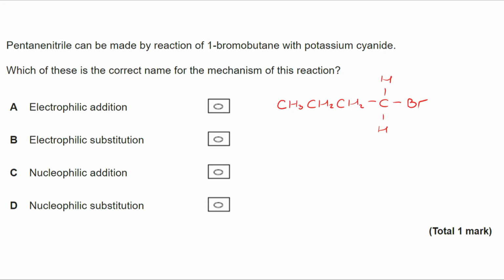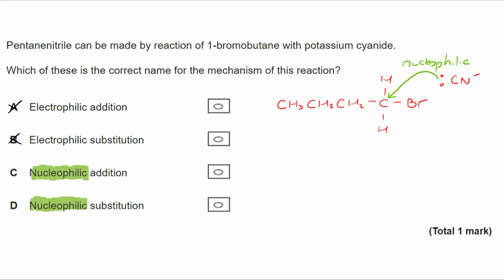This is what our 1-bromobutane will look like. Now my CN- will come in, and my CN- has got a lone pair and a negative charge. So it has an electron pair that it can donate. Well, that makes it a nucleophile. So it's a nucleophilic mechanism. And I'm completing the mechanism as we go as well.